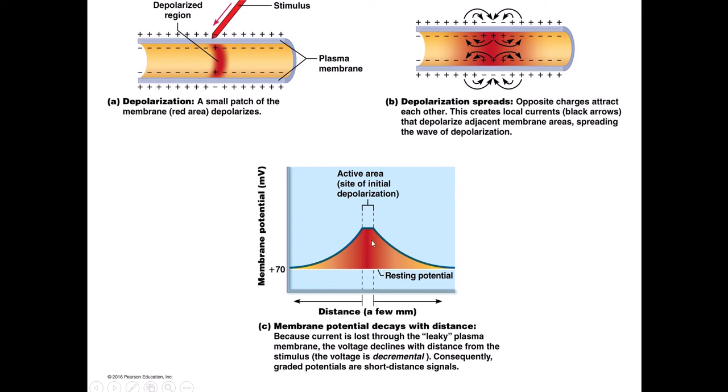You can see here's this active initial depolarization, and the areas near it are pretty strong, but the further we get away from where the stimulus was applied, we're getting less and less change in the membrane potential, less and less signal. So graded potentials, short distance only. They can only really affect just that local area.